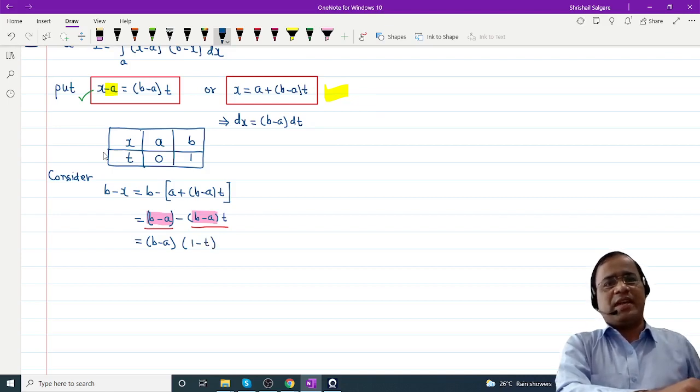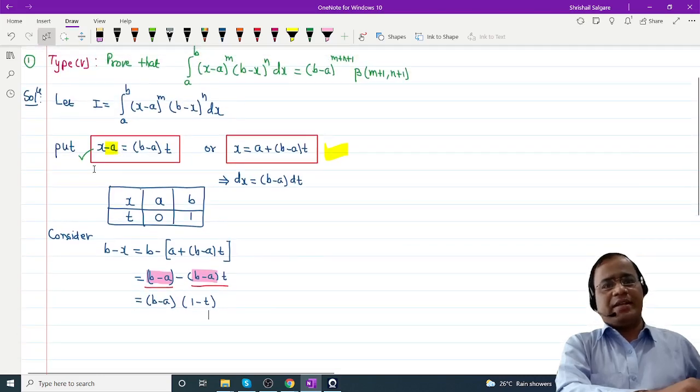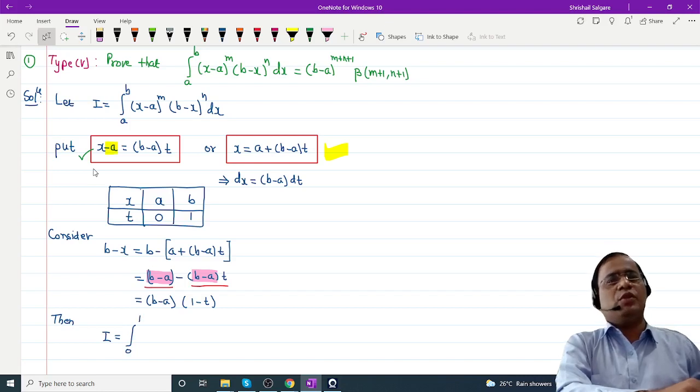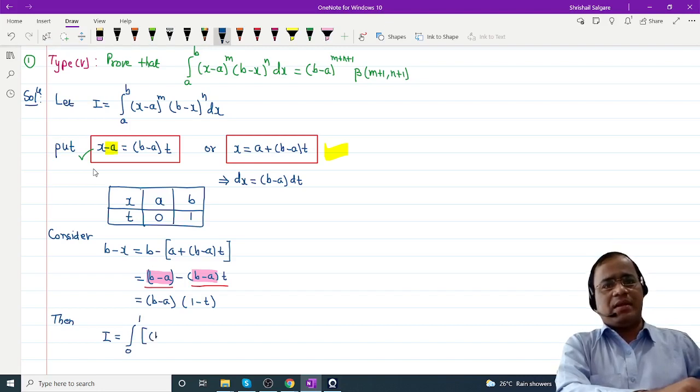So now I will write the integral. The given integral I can be written with new limits from 0 to 1. The x minus a factor we already have, given by (b minus a) into t, whole raised to the power m.